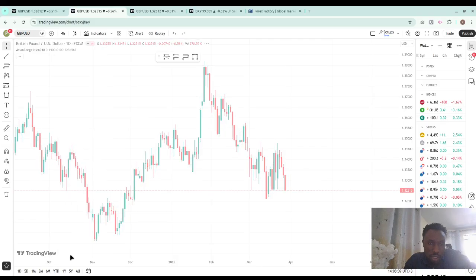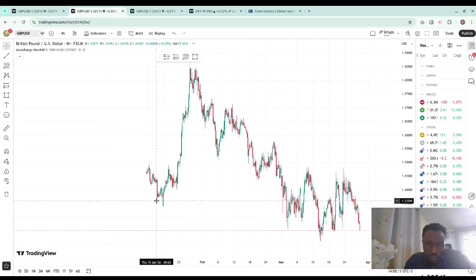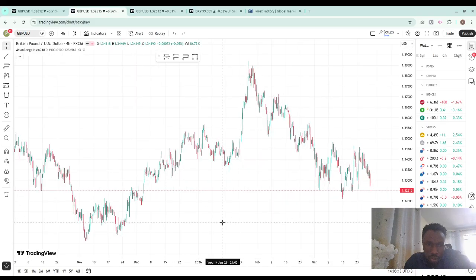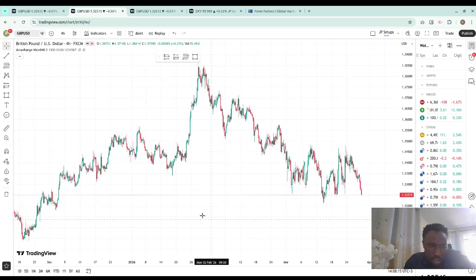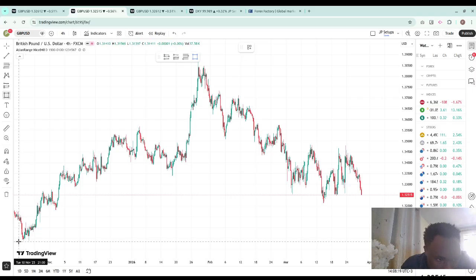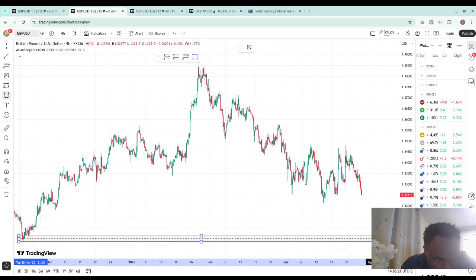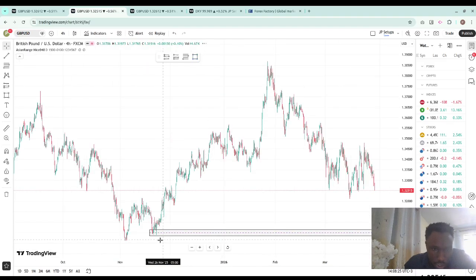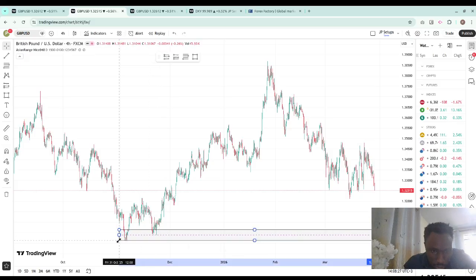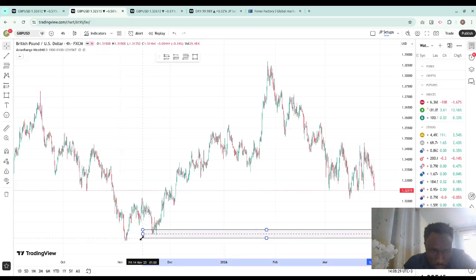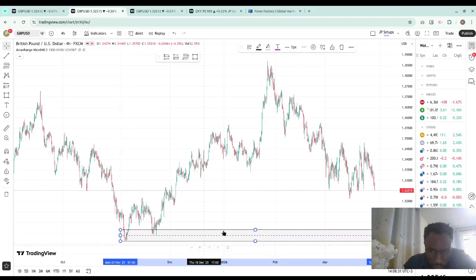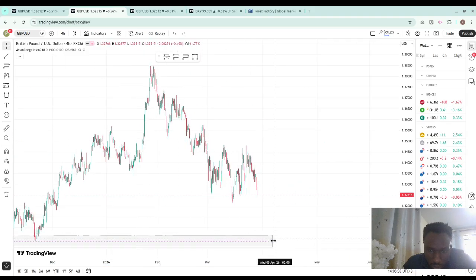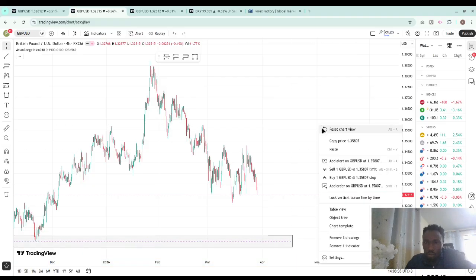Let's come to the GBPUSD. I don't have a clear picture there, which means GBPUSD is still pushing downward to somewhere here, to that zone.